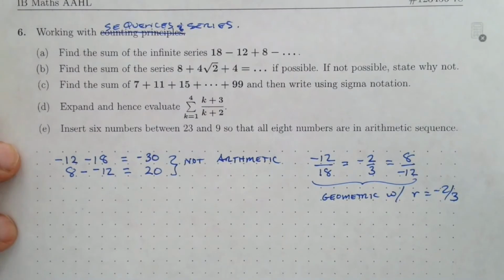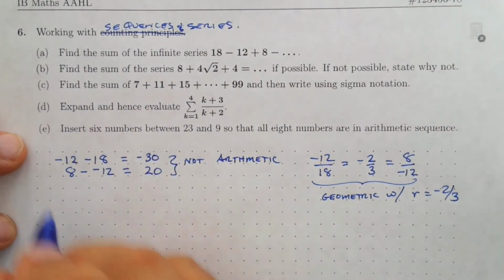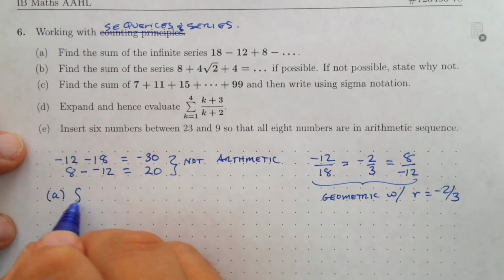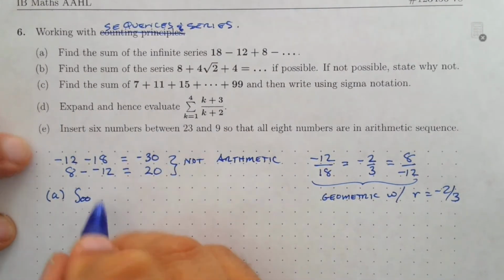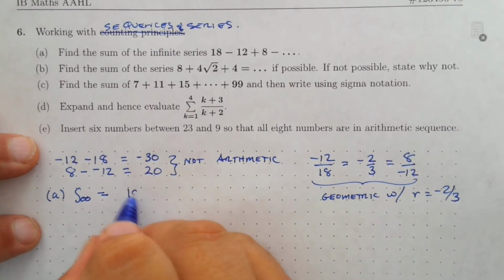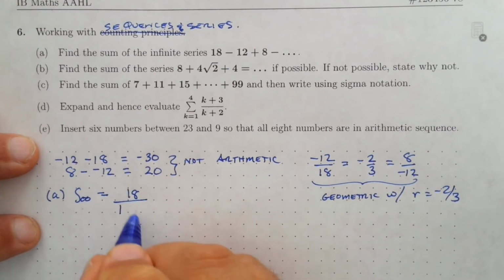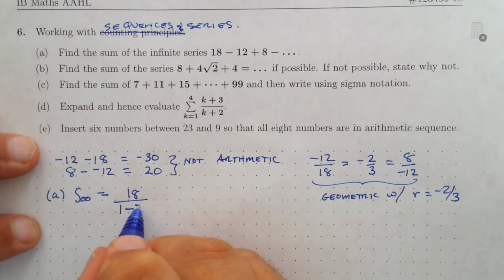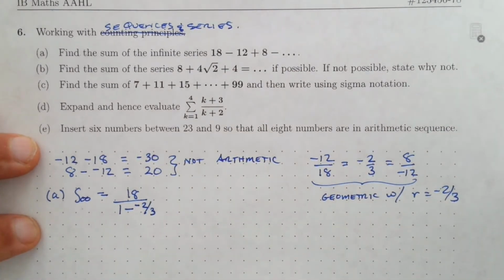Well, what does that mean for me? That means that I have a sum for my infinite series, right? That the sum for my infinite series, if I know I'm geometric, is going to be my first term, in this case 18, divided by 1 minus my ratio, so it would be 1 minus negative 2/3.